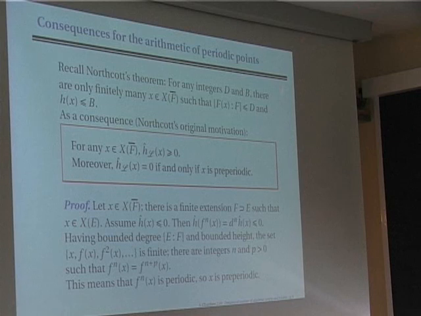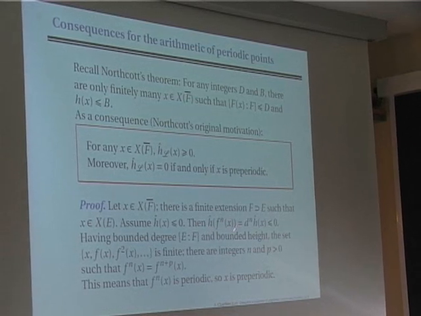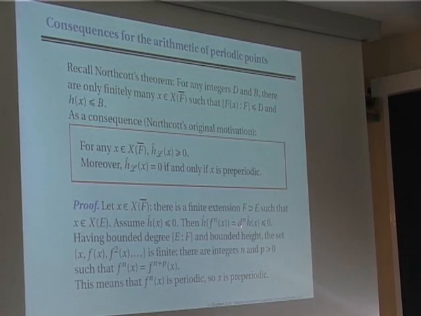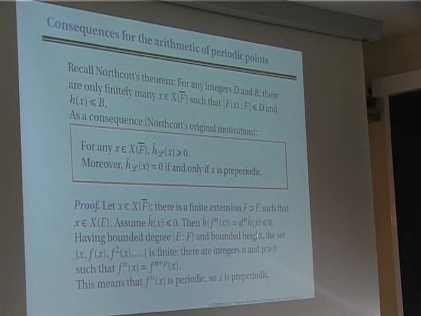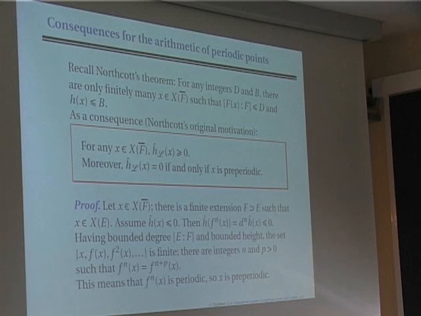So first of all, the canonical height of the nth iterate is equal to d to the n times the canonical height of x. So this is non-positive. But all these points f^n of x have bounded degree, at most the degree of E over F, and bounded height, because the canonical height is at most 0.